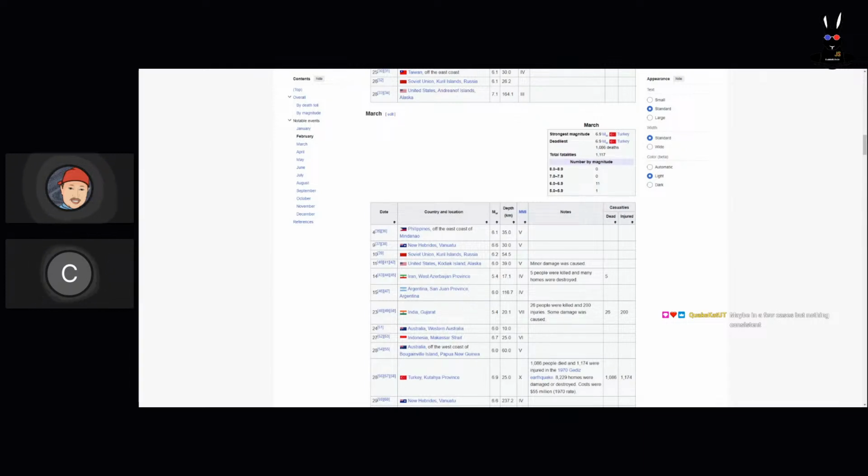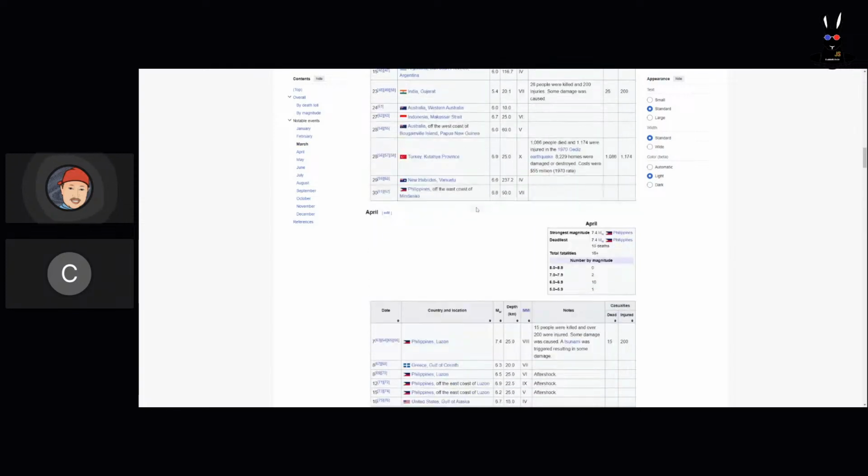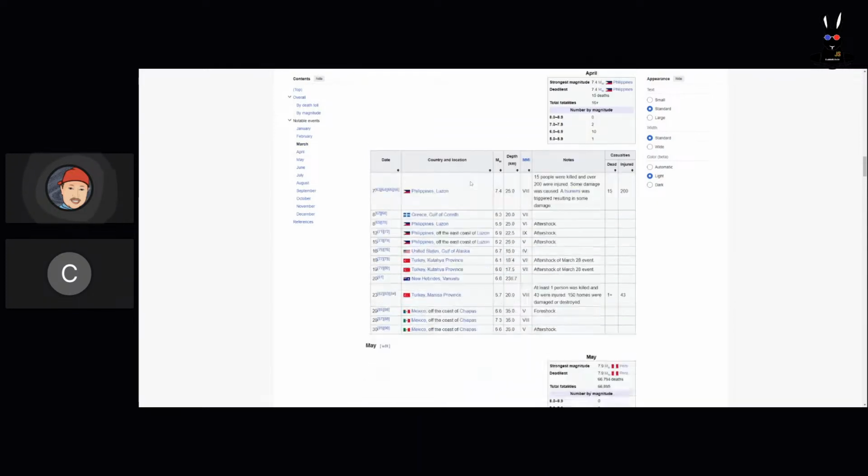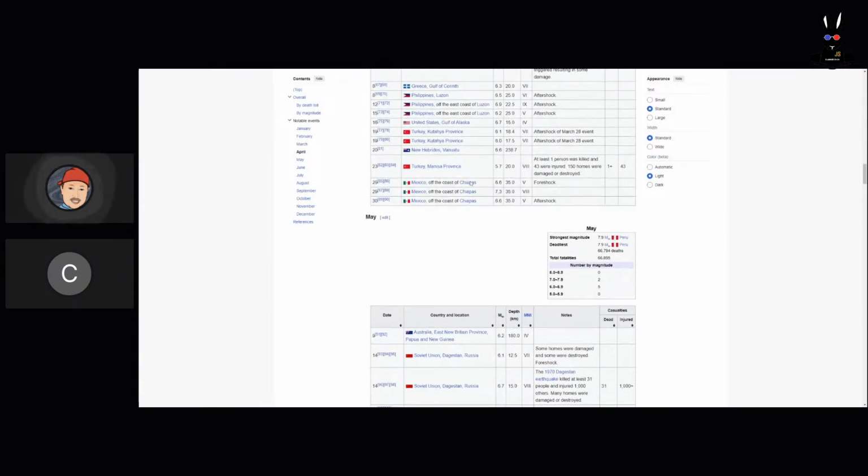It looks like Alaska was banging pretty hard. We've got February, 7.1 in the Andreanof. In March, Kodiak had a 6.0. And then we come down to a 6.7 in April in the Gulf of Alaska.